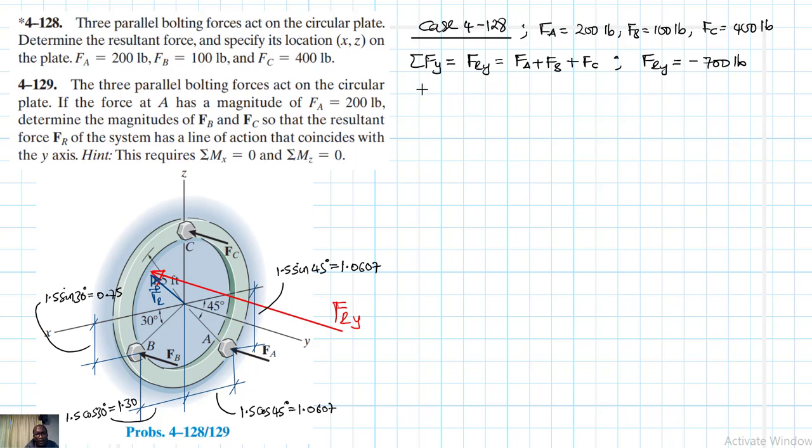All right, and then our moment arm, FR, like so, this is just going to be equal to the position. So let's call this position unknown.